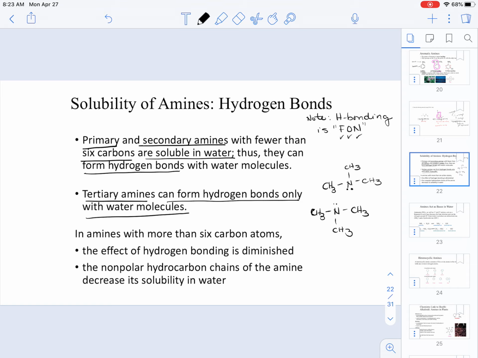The reason why no H bonding is observed between two molecules that are tertiary amine is because if we look at the molecule, the hydrogen is bonded to the carbon atom. So remember, if you have amines of more than 6 carbons, the effect of hydrogen bonding is diminished. At that point, the nonpolar portion of the hydrocarbon chains are going to decrease the solubility of the amine in water.